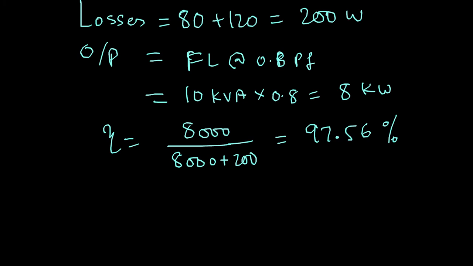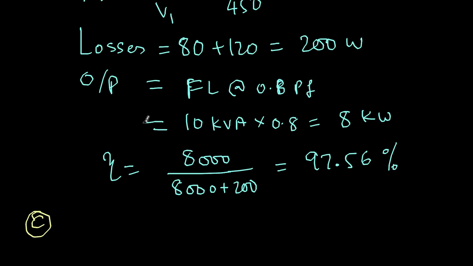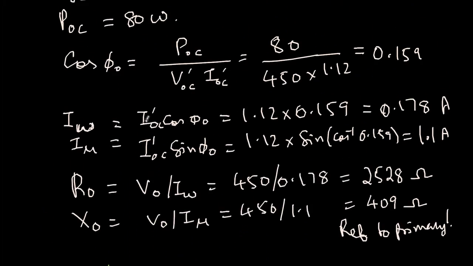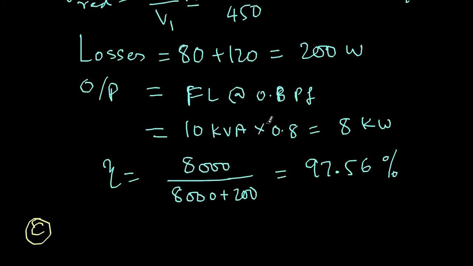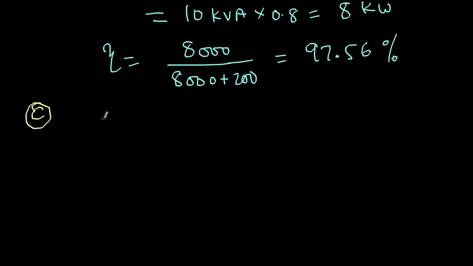Now let's take part C of the question. If I go up, part C is asking for efficiency and voltage regulation for half load at 0.8 power factor leading. At half load, the current will be half, so the current will be only 11.11. And then what is R01?